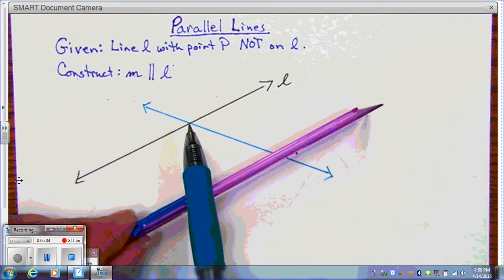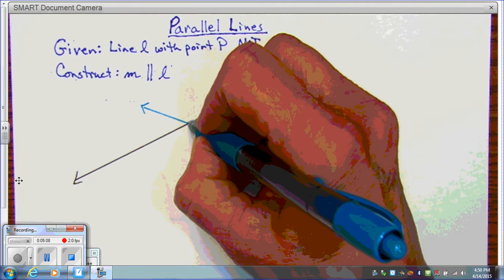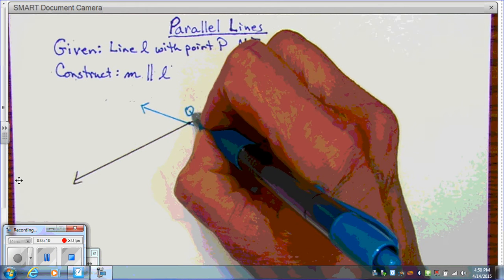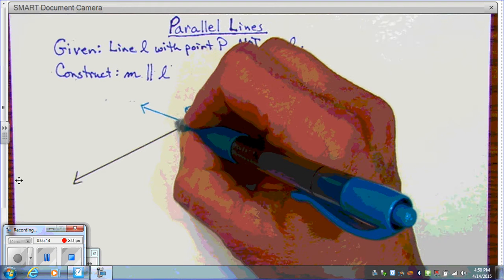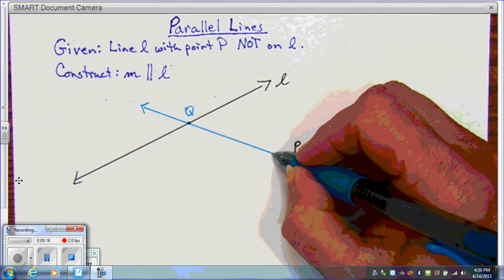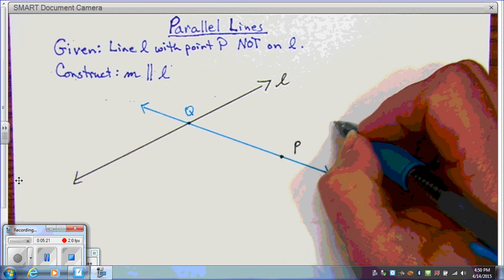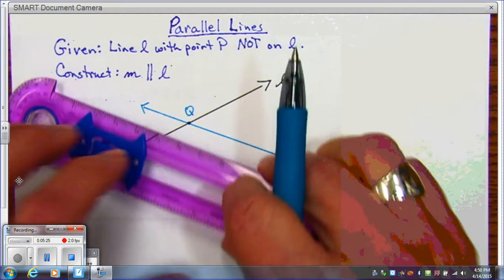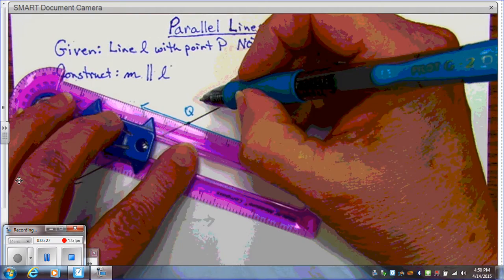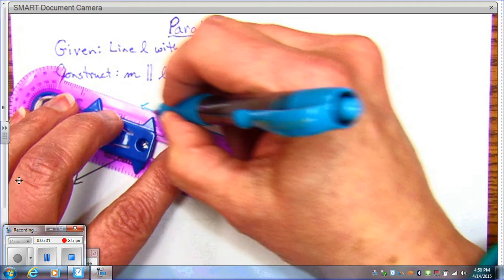I'm going to call this vertex right here Q. So we are going to work on this angle 1 right here and make a congruent angle right in this direction, and that will give us our parallel. Okay? Now what I'm seeing is I'm probably going to need more of this little blue line right here going that way, so I'm going to extend it while I'm visualizing what I'm doing.